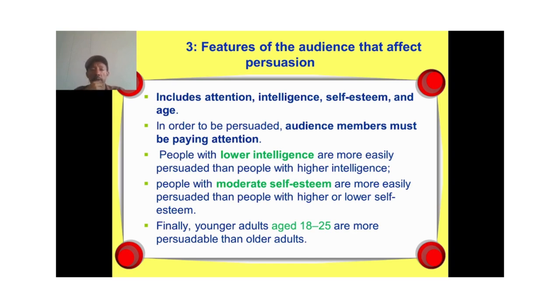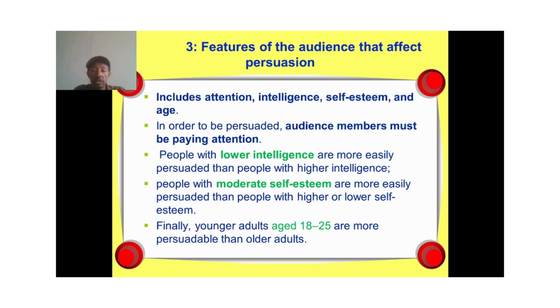Still, we'll see this, the likelihood model. Based on the likelihood model, for instance, the central route to persuasion has more effect for intelligent people. So the technique we employ to change their attitude determines whether the level of intelligence, that means whether low intelligence is more persuadable than higher intelligent people.